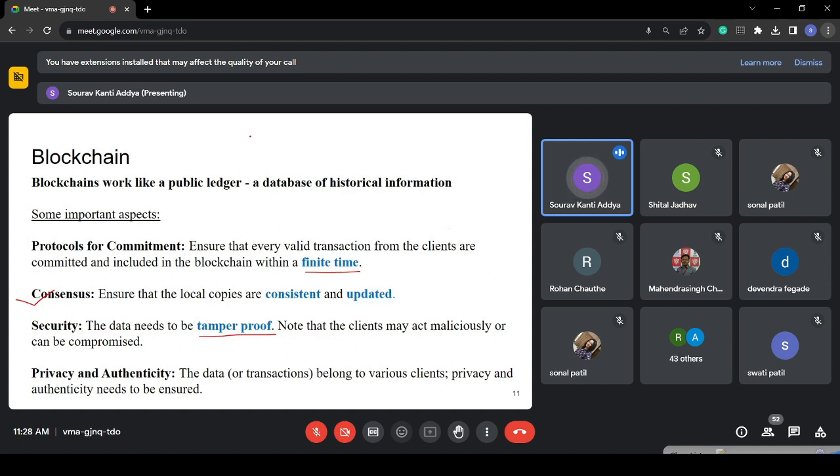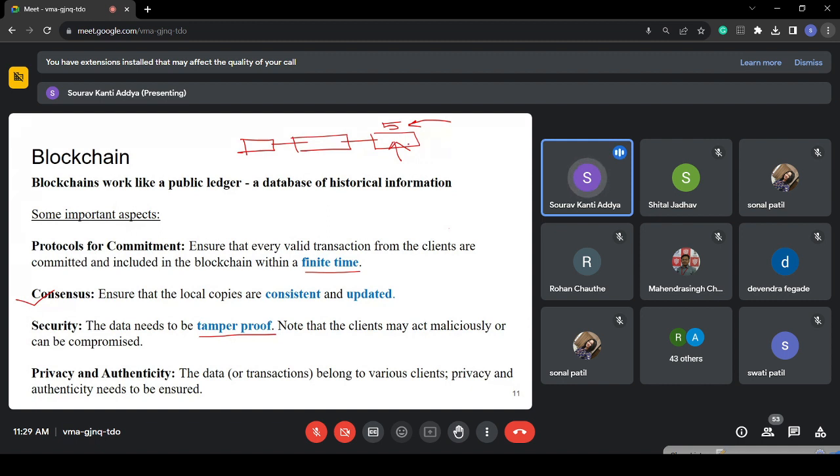If you know the blockchain concept, then you have such a chain of blocks, right? You have a chain of blocks, and you did some transaction here. Let's say your current Bitcoin value is 5 Bitcoin, and it is added into the blockchain. Now somebody wants to tamper this value 5, and reduce or increase it.